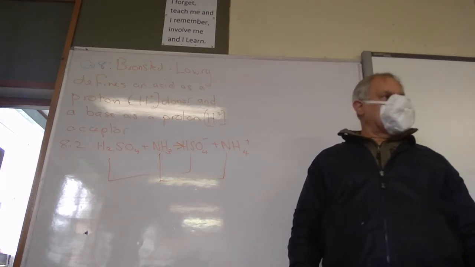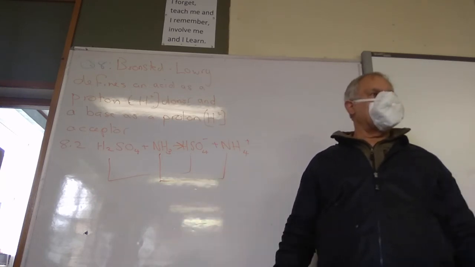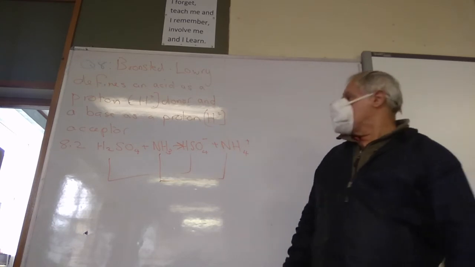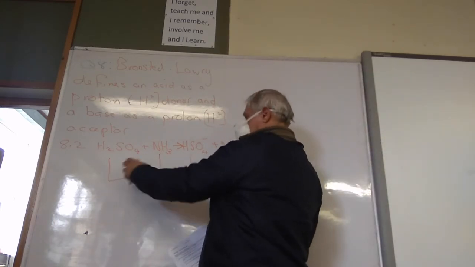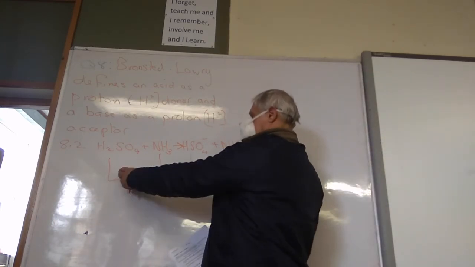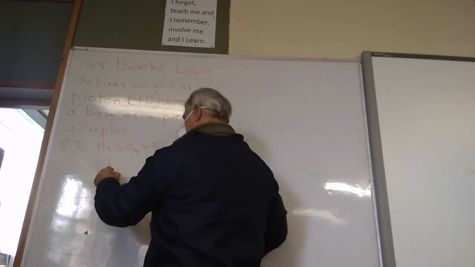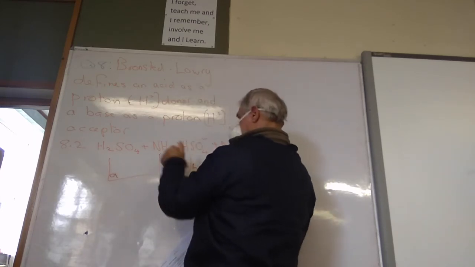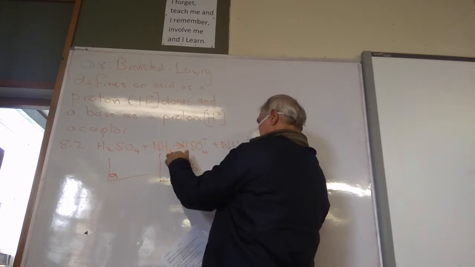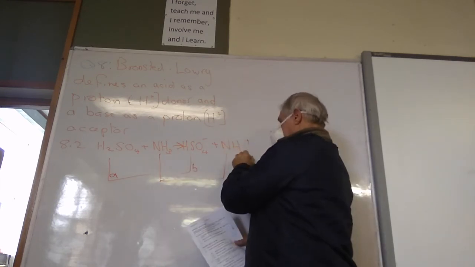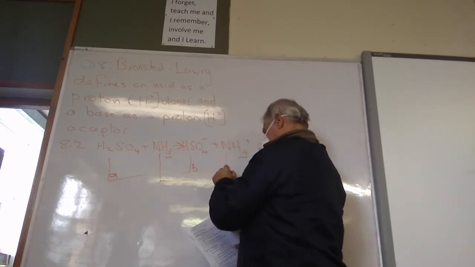Conjugate acid-base pairs look alike, differing by 1 H plus, 1 proton.